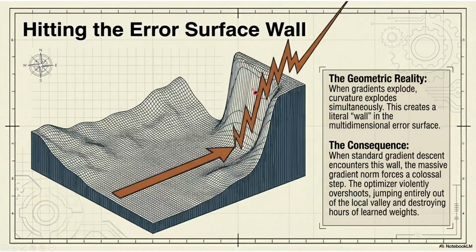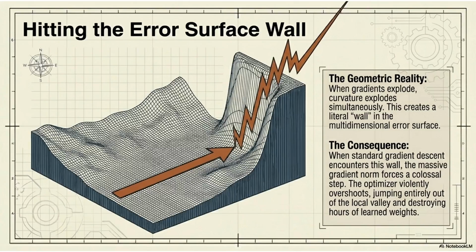Geometrically looking, what does an exploding gradient look like? It looks like a literal wall. The curvature explodes simultaneously with the gradient. So the consequence, as you can see, is catastrophic.